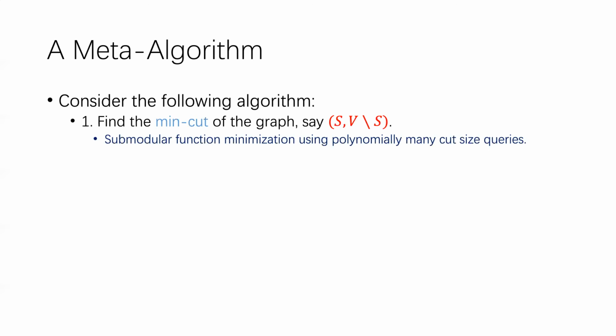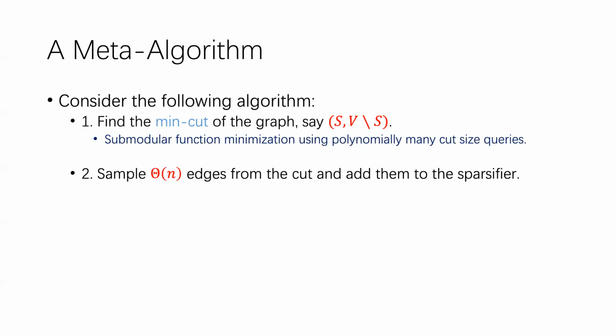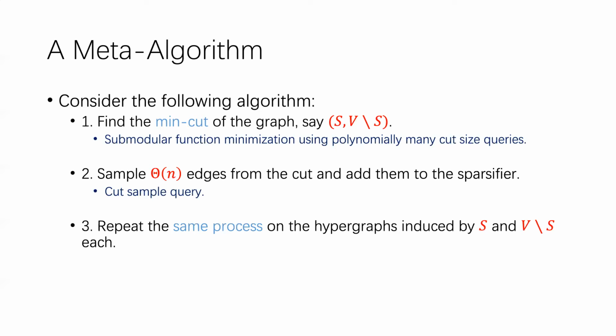So in order to find the minimum cut, we can run the polynomial algorithm for submodular function minimization with cut size queries. And for the second step, we want to sample about n edges from a cut. And the cut sample query does exactly this. And in the end, we want to repeat the process in both induced graphs S and V minus S.